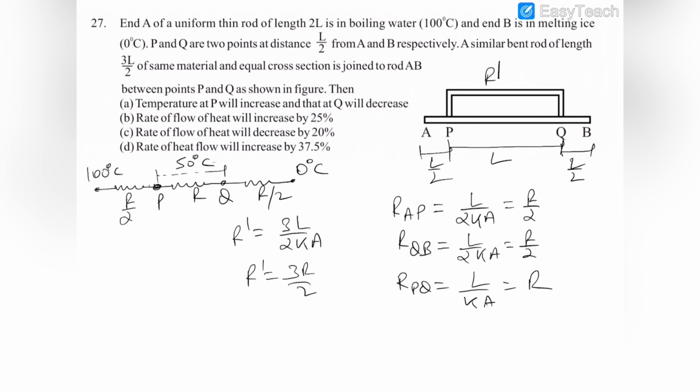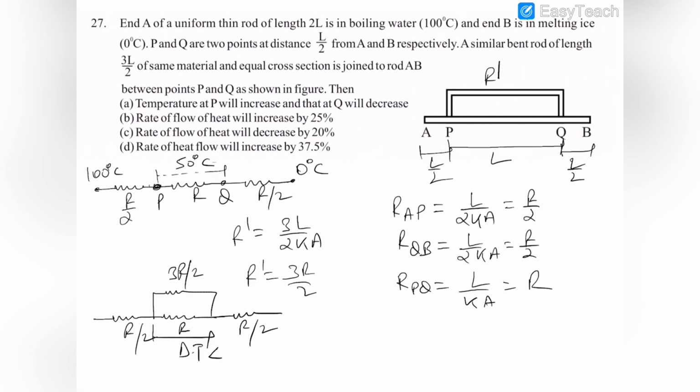Now when we connect another resistance, 3R by 2, in parallel to this one, the value of this resistance decreases as we have shunted it with another resistance. Therefore this temperature difference delta T would be slightly less than 50 degrees Celsius, because the total temperature difference is still 100 degrees Celsius and we have decreased this resistance.